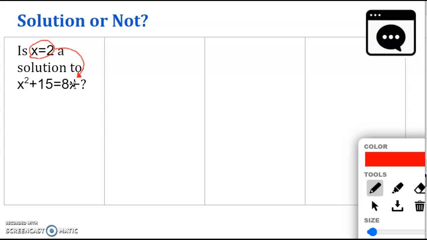So the x squared becomes 2 squared, and I am still using the parentheses because that's just a good practice, is equal to 8 times 2. Is this true? 2 squared is 4. 4 plus 15 is 19. 8 times 2 is 16. Is 19 ever equal to 16? No, not true. So not a solution.